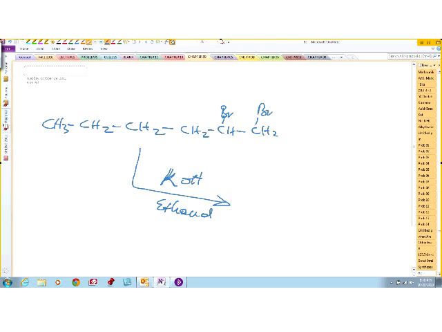That's dehydrohalogenation. In other words, we are going to remove the bromine and hydrogen on these 2 carbons here. So therefore, we have this. And that would be 1-hexyne.